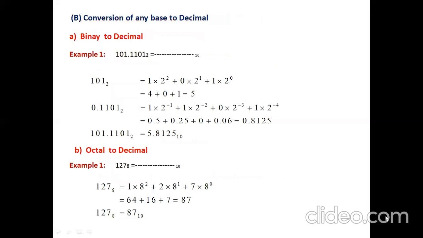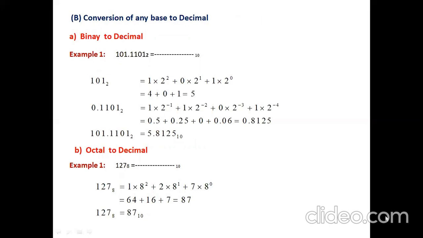And next, if you go for the second one, that is B, conversion of any base to decimal. When we take binary to decimal, I have considered both fractional and non-fractional parts, both mixed over here.